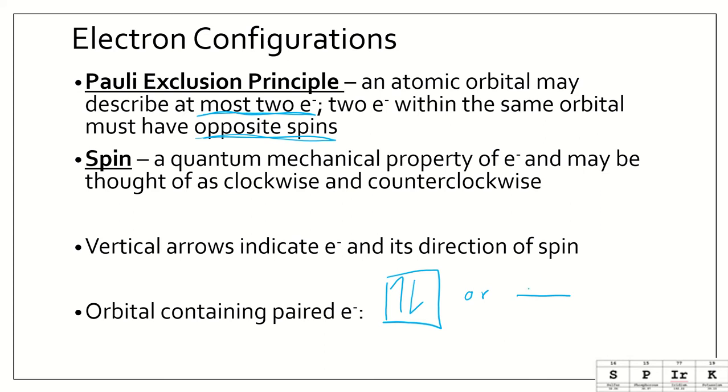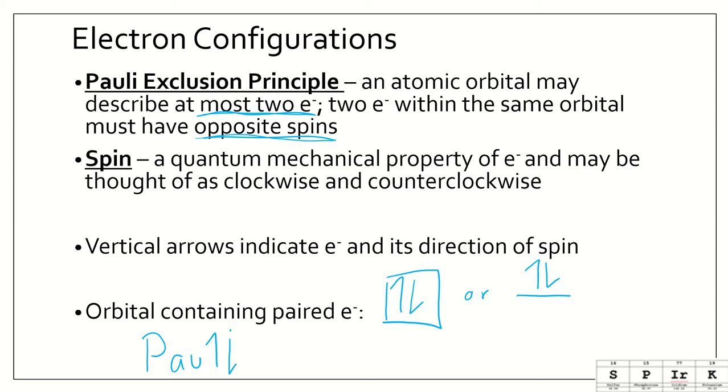Again, this is the line orbital representation. Within an orbital, you can only have up to 2. 1 is okay, and 2 is the max. A little easy tip, if you want to write off to the side to remember that the Pauli Exclusion Principle is about opposite spins and 2 electrons, is to write the word Pauli like this.